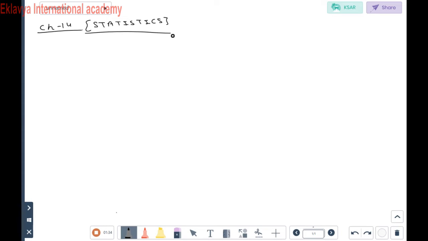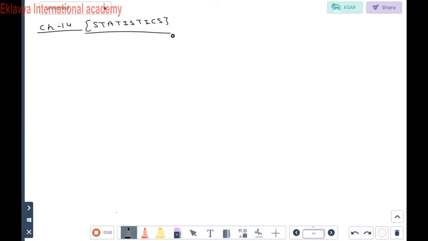In chapter 14, statistics, we will discuss, first of all, how we will represent the data in the form of a frequency distribution table. Then, what is the meaning of range, how we will find the class mark, and how we will understand the basic concept of class interval.